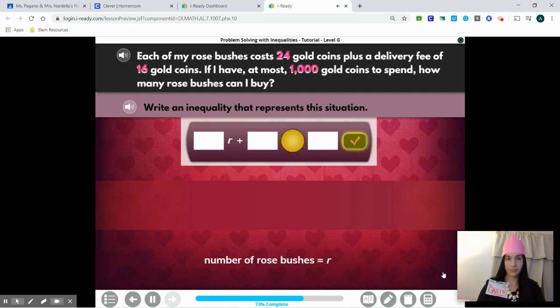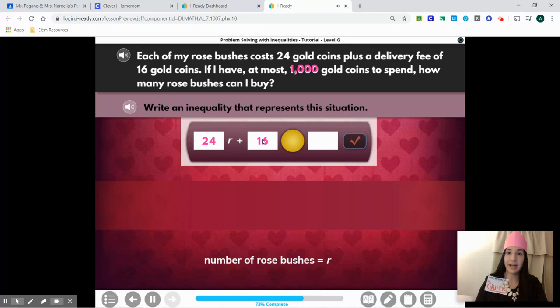Then click Done. Okay, let's go through the problem again. Each of my rose bushes costs 24 gold coins. So right here, we know that each rose bush is 24 coins. So the number of rose bushes times 24 gold coins will give us the total for how much the rose bushes will cost, plus a delivery fee of 16 gold coins.